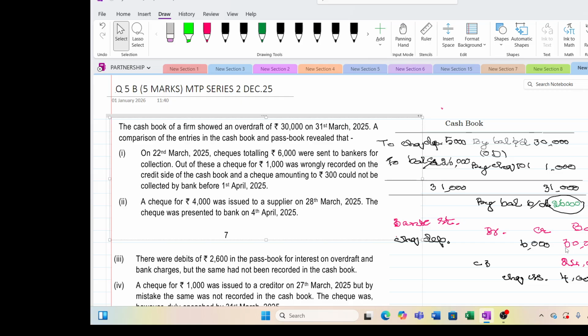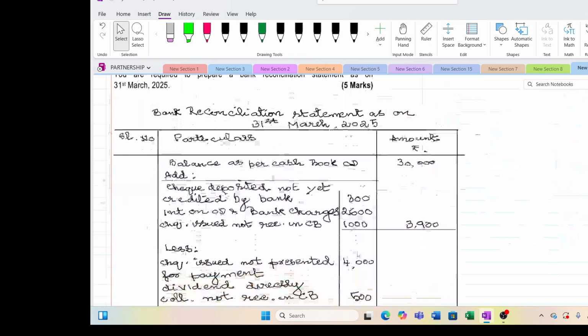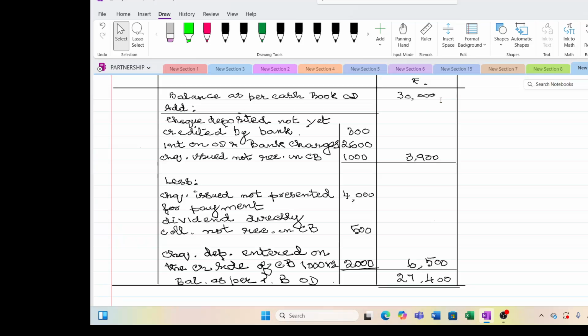Whenever you write any amount on the wrong side, it will have a double effect. You understand that? Okay. So now you can understand here it will be 24,000 as per bank. So in bank the overdraft is less. So what I did, first you write the balance as per cash book 30,000 and check deposited entered on the credit side of cash book. So that is 2,000 less.